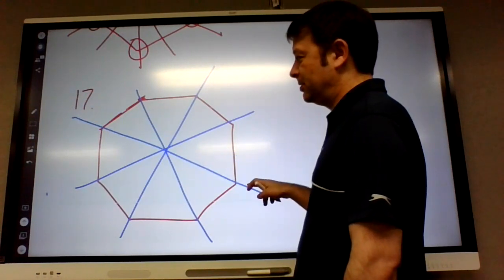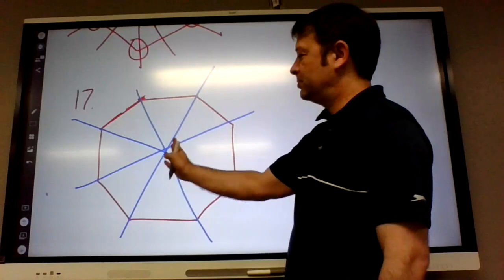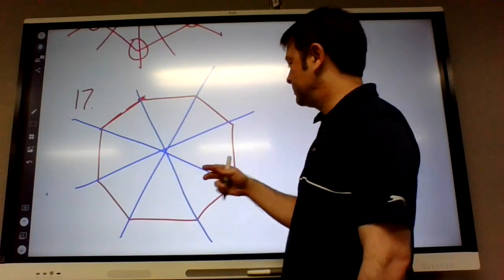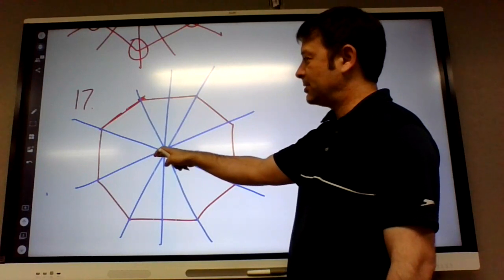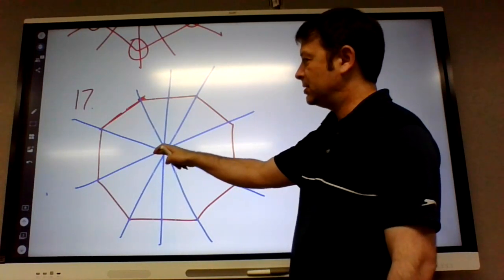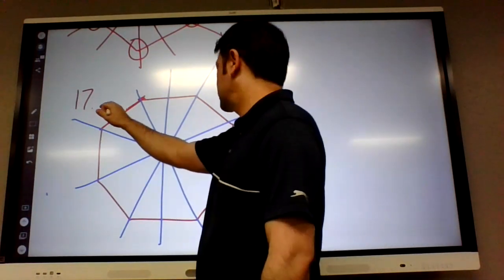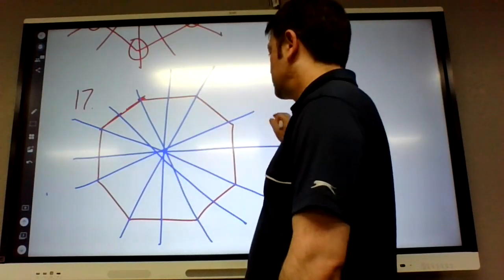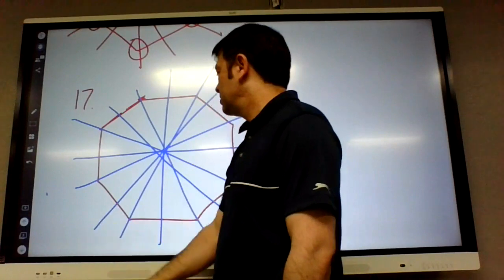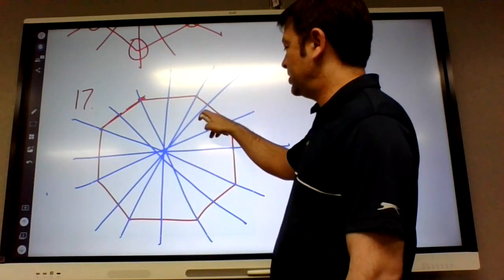Four. Keep counting them separate. Okay. Also, mid-segment to mid-segment works, right? That's what we started with. So we also need to split the sides. Oh my goodness. So altogether there should be 8.